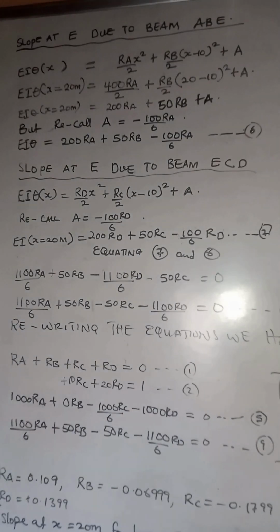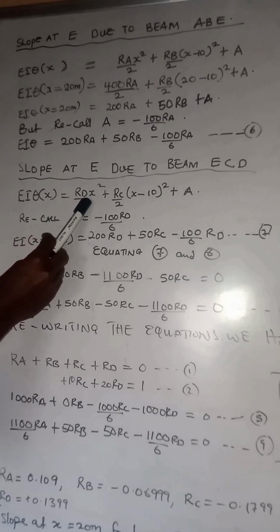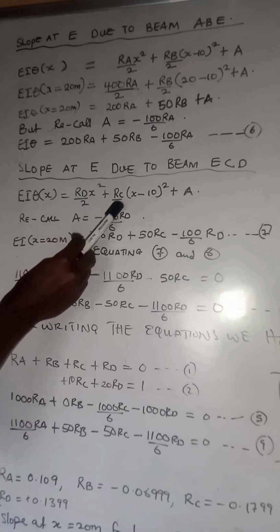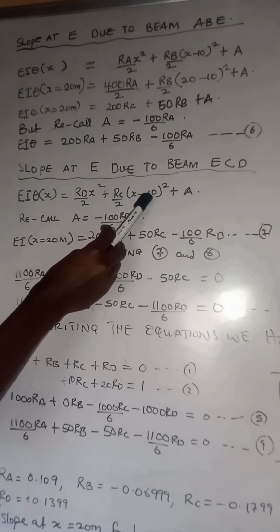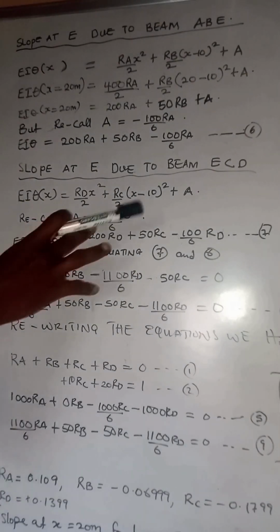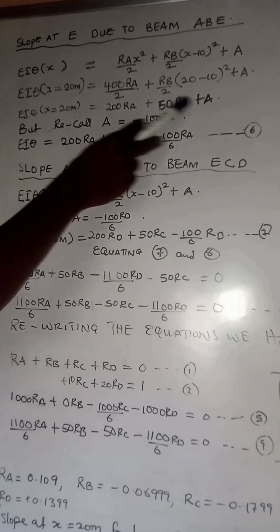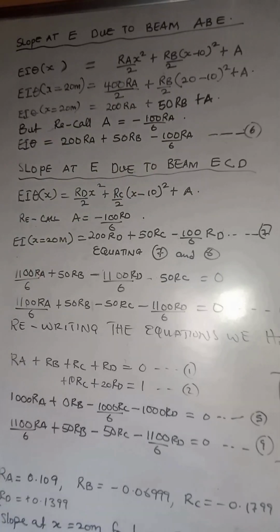Now we're going to look for the slope at point E when we are taking into consideration the beam ECD. If we do that, we're going to have the slope expression as RD over 2 x squared plus RC over 2 (x minus 10) squared plus a constant A in this beam. Remember, the A here is quite different from the A in the previous beam.